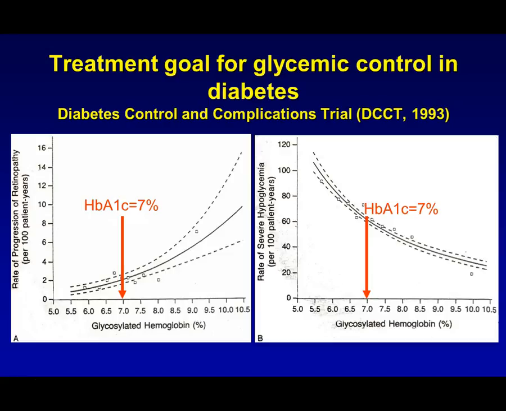It should be noted that strict regulation of glucose leads to an increased risk of severe hypoglycemia. And this means that there's also a relationship between glycosylated hemoglobin levels and the risk of hypoglycemia, with the highest risk at glycosylated hemoglobin levels below 7.0 and the lowest above 7.0. So there's a balance between the risks at a level of 7.0.